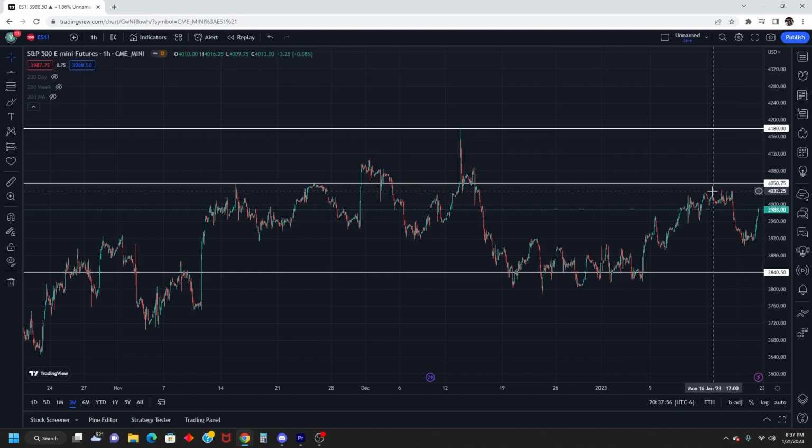So when everybody's buying something, it's easy to sell. When everybody's selling something, it's easy to buy. In all markets.